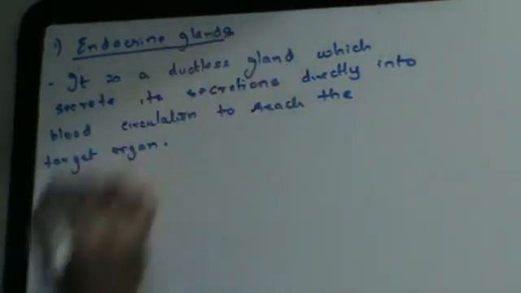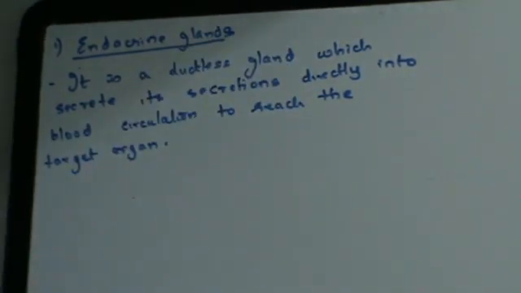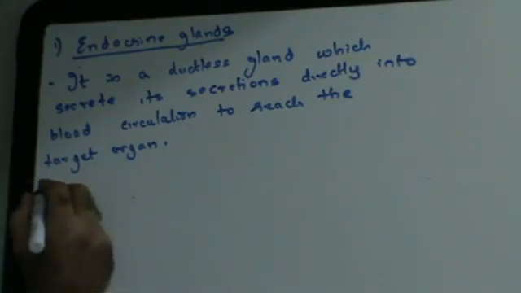Right? So the ductless glands which secrete their secretions directly into the blood circulation to reach the target organs are called endocrine glands. Here the secretions are given directly into the blood, and they will directly reach the target organs.